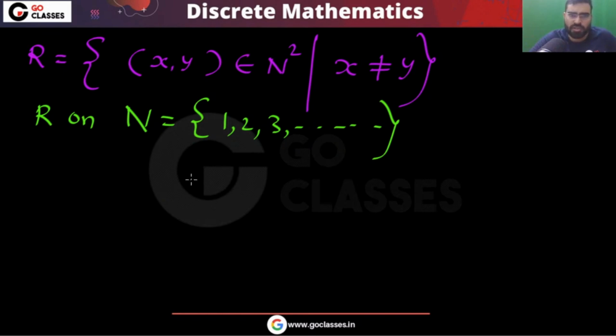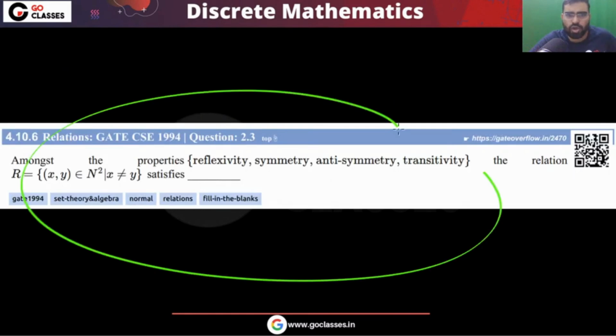There are some authors, some writers, some mathematicians who will consider 0 as a natural number. But there are many other mathematicians who don't consider 0 as a natural number. So whether you take 0 as a natural number or you don't, in this question it does not matter.